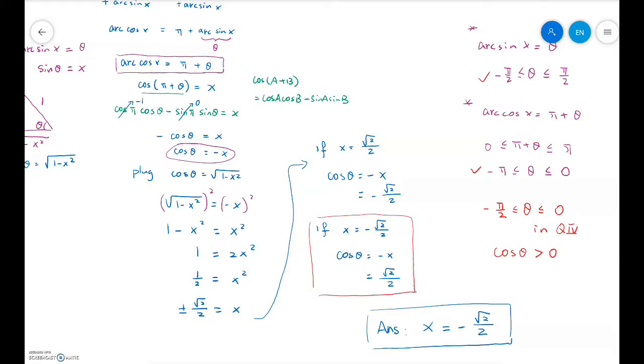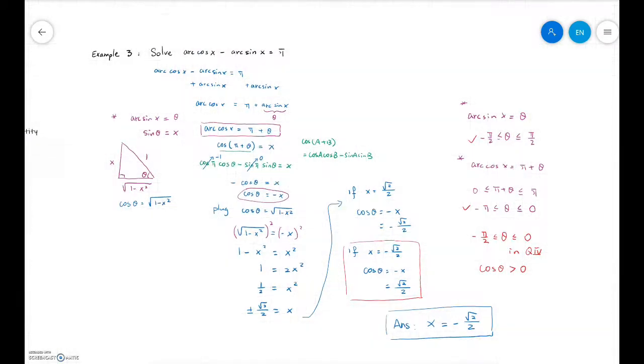Okay, so this is a really comprehensive example. We used the right triangle and Pythagorean identity to figure out cosine theta, sine theta, and maybe in the future tangent theta or anything else. We also used identities, in this case the sum of two angles cosine identity, to break down the inverse function.